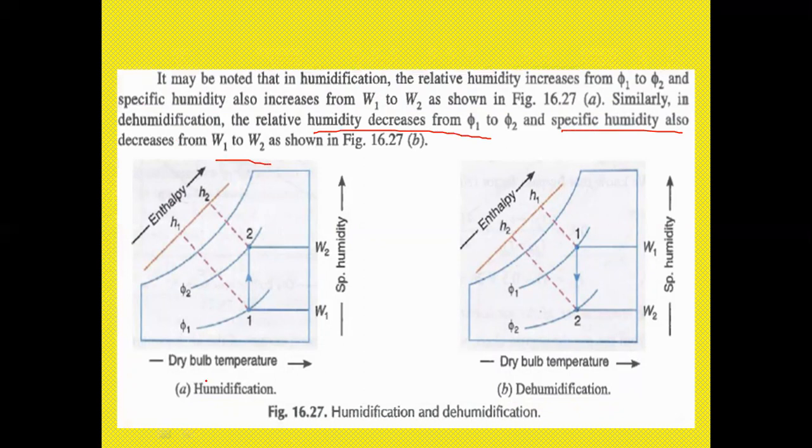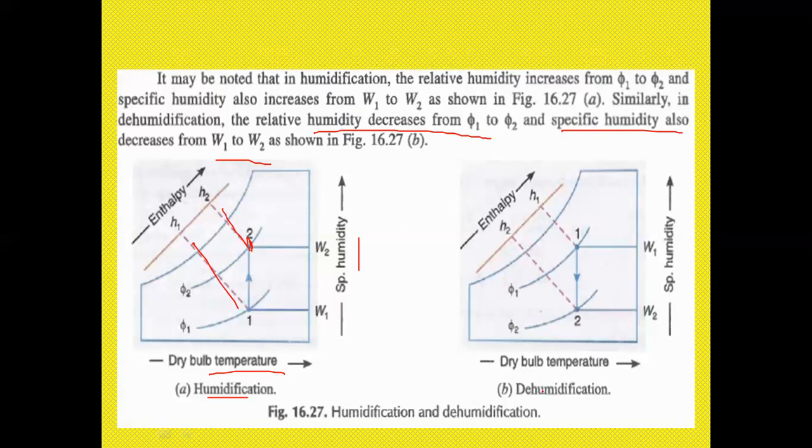Now, in humidification, for the dry bulb temperature, the specific humidity is passing from W1 to W2. The phi value at this point is phi1 and at this point is phi2. Now the enthalpy is H1 and H2.